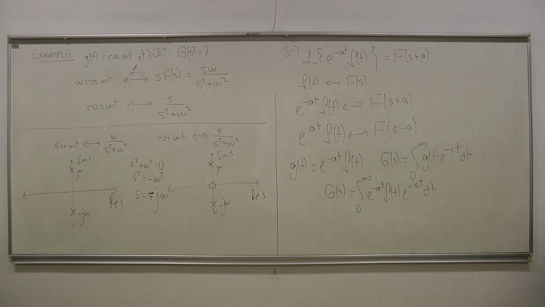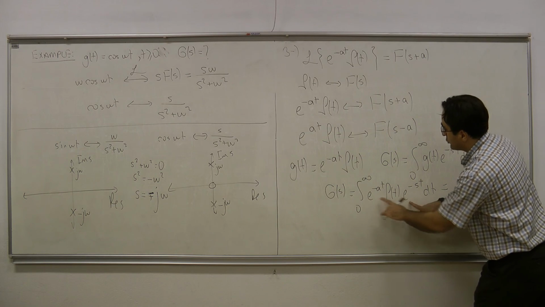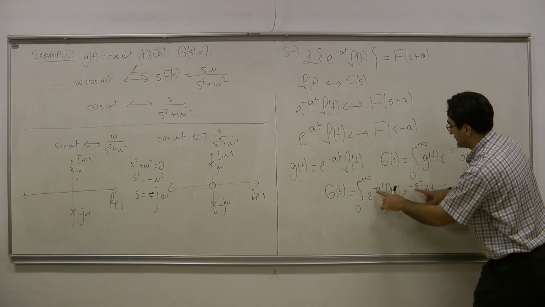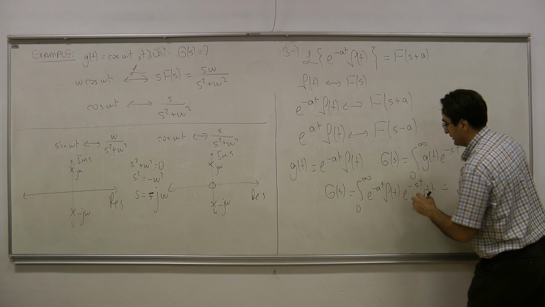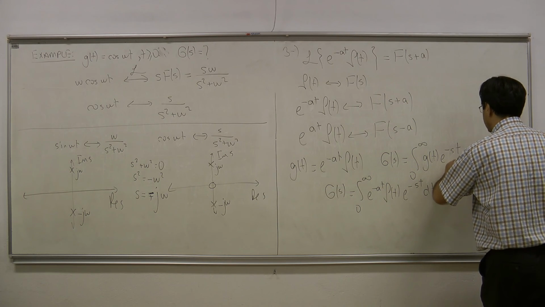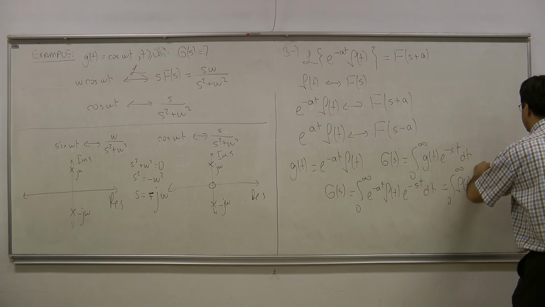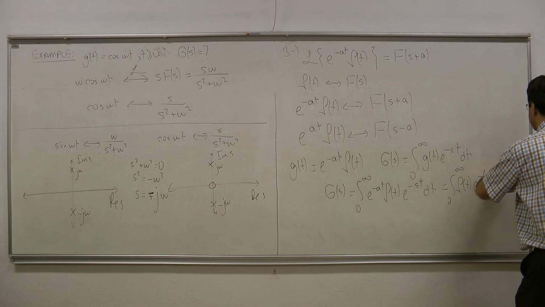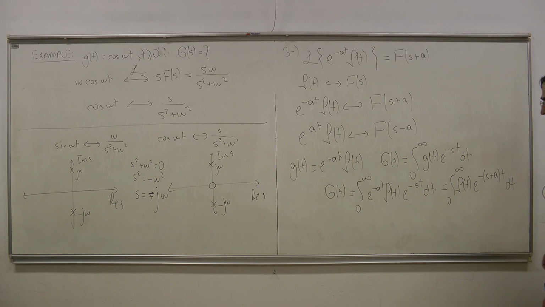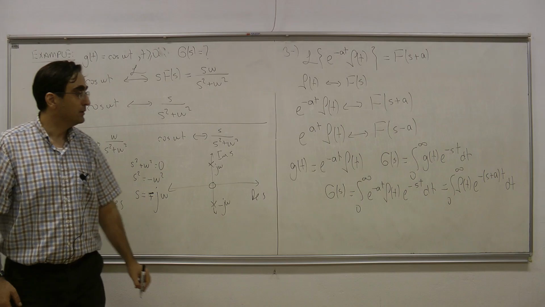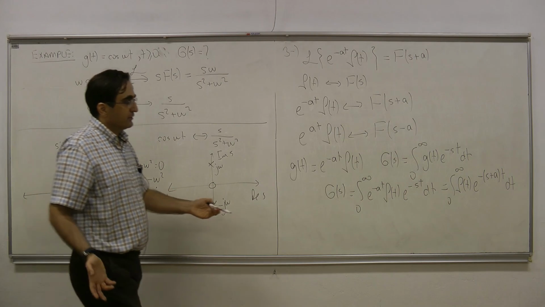Okay? And I'm going to combine these two exponentials. It is going to be e to the minus s plus a times t. Okay? The integral from 0 to infinity of f of t e to the minus s plus a times t dt here. But what is this?